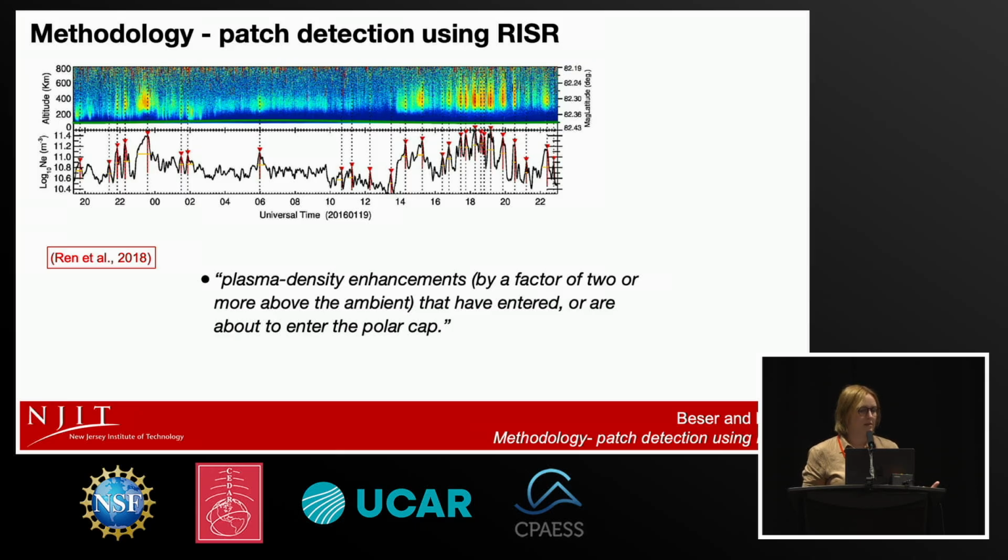Here we can see an example of an automatic patch detection algorithm applied to RISR data. It takes the average plasma density between 200 and 600 kilometers altitude, and from the resulting time series, we can detect peaks that fulfill the operational definition of polar cap patches.